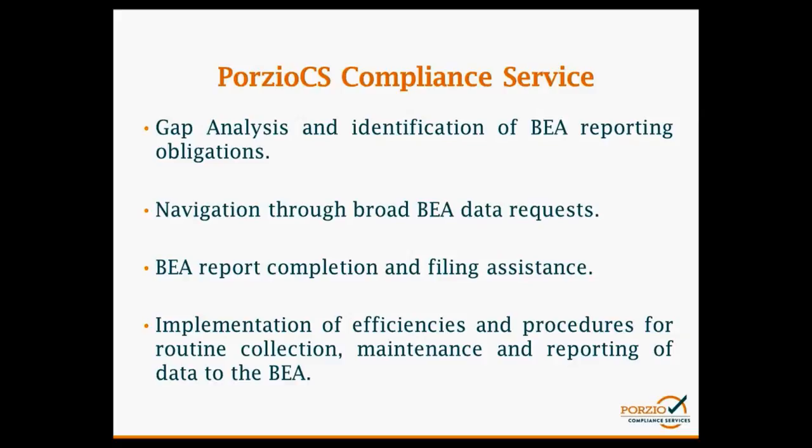In addition, we have other parts of our services that help you to maintain the data and make it a more routine matter to collect it and have it available in order to comply with your reporting obligations.